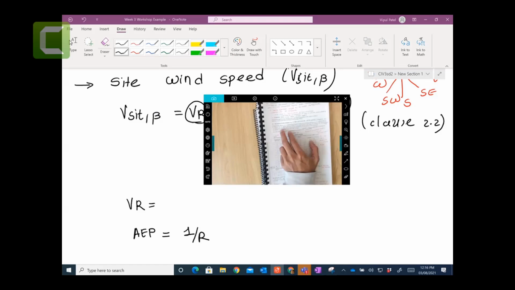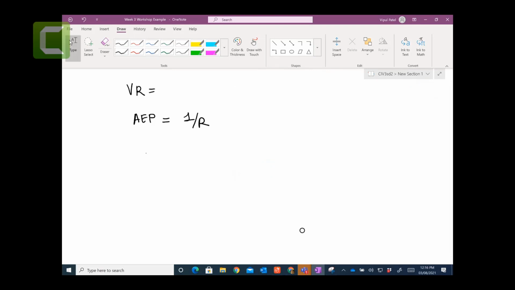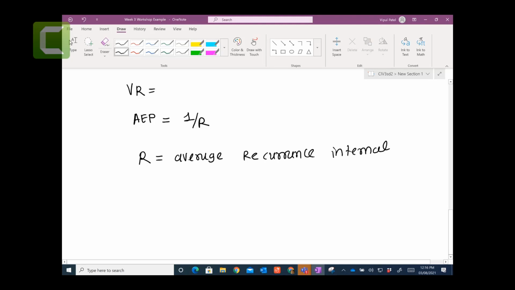Let me explain what the average recurrence interval is. I think I explained this yesterday, but let me put R. R is called the average recurrence interval. That is the representation of R. What is the average recurrence interval?